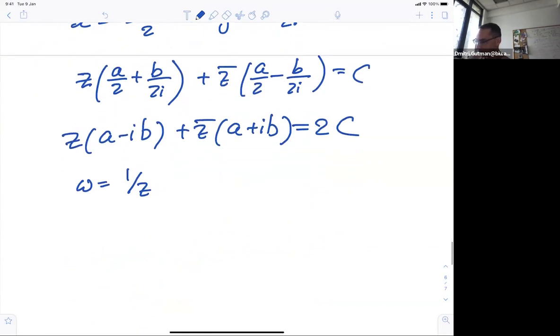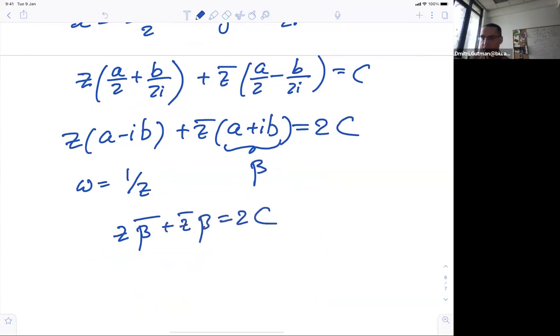If you want, you can also write a and b in terms of some complex notation. You can realize that this is actually a complex number, say beta. Then the equation will be z times beta bar plus z bar times beta is equal to 2c. But that's just to introduce one more complex number.